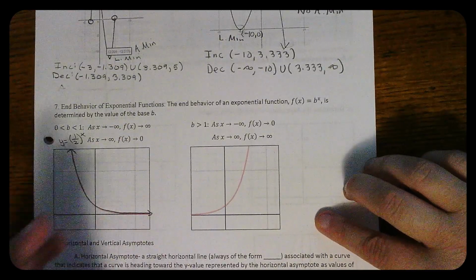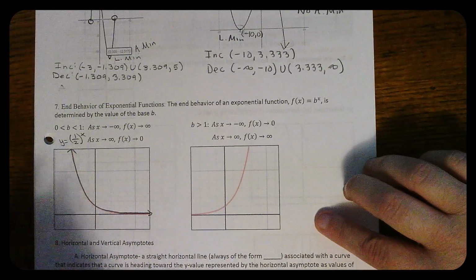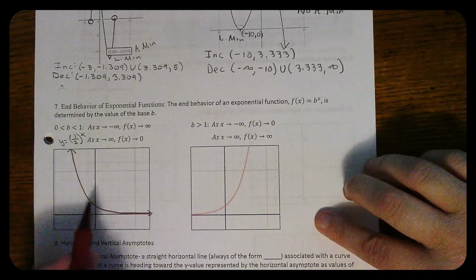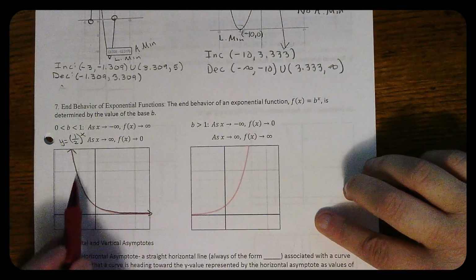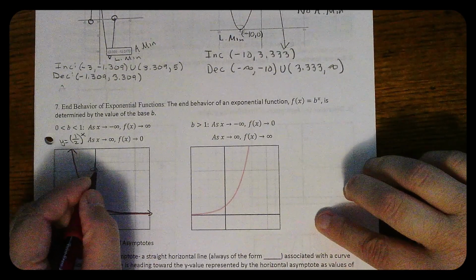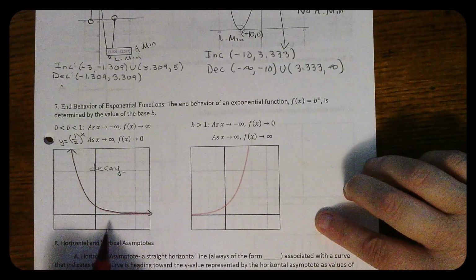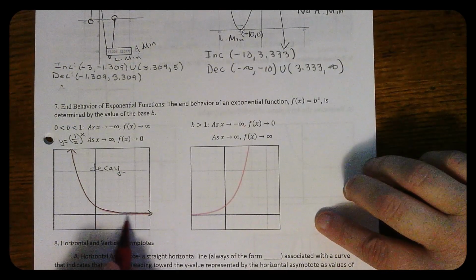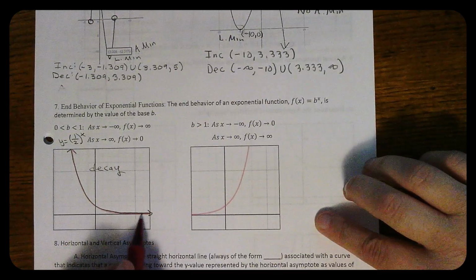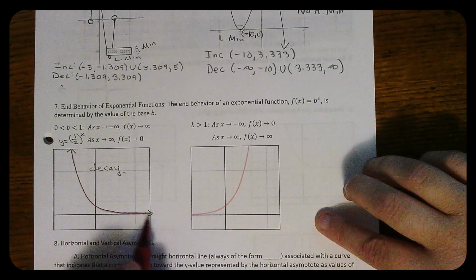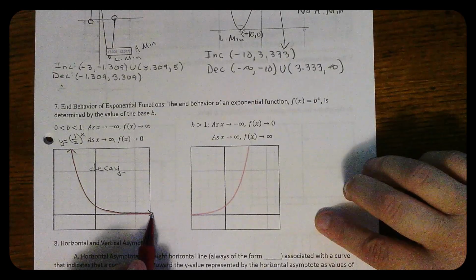Given an exponential function like that, you need to understand that when it looks like that, it's decaying, it's getting smaller. You can see that as x gets bigger, y is getting really close to the x-axis, which means y is getting really, really close to 0.